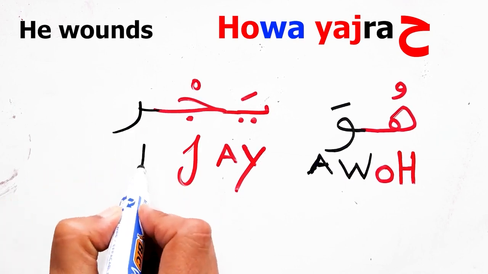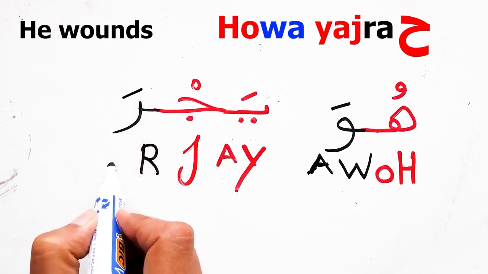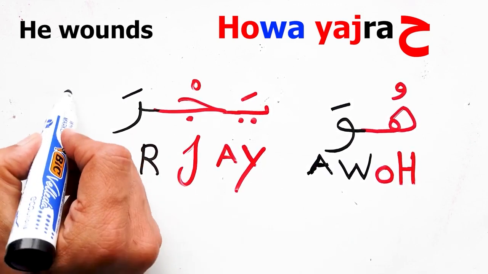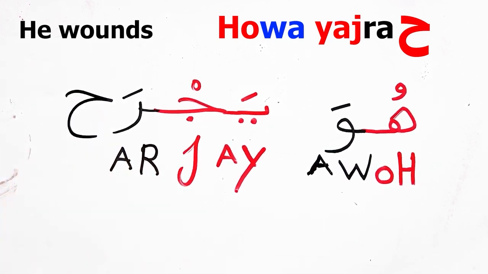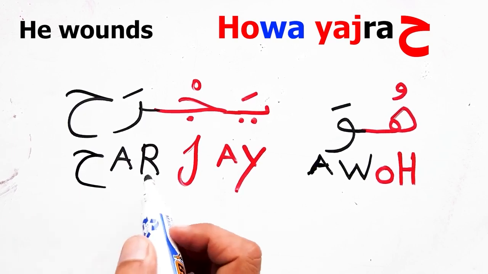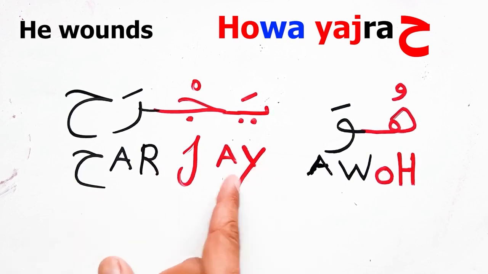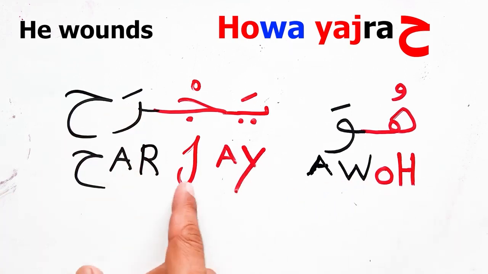The sound of R. With fatha, it sounds like A. Ra. يجرح. The sound of this letter doesn't exist in English, so I will add it the same. Rah. It's not H, it's another sound. Rah. يجرح. هو يجرح.